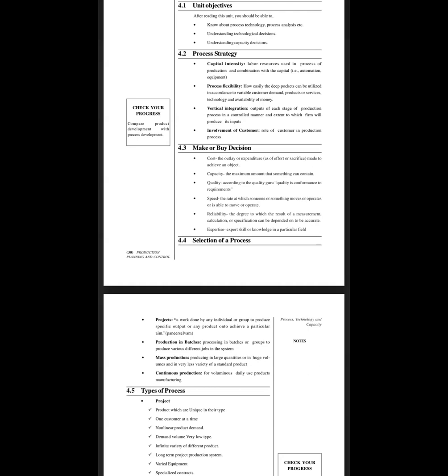Then reliability, measurement, calculation, specification that can be depended on to be accurate. Whether the product is very accurate for selling, whether the product which you have purchased is at an optimum level to your benefit or not. So all these factors come into reliability, whether the product is reliable to you or not.